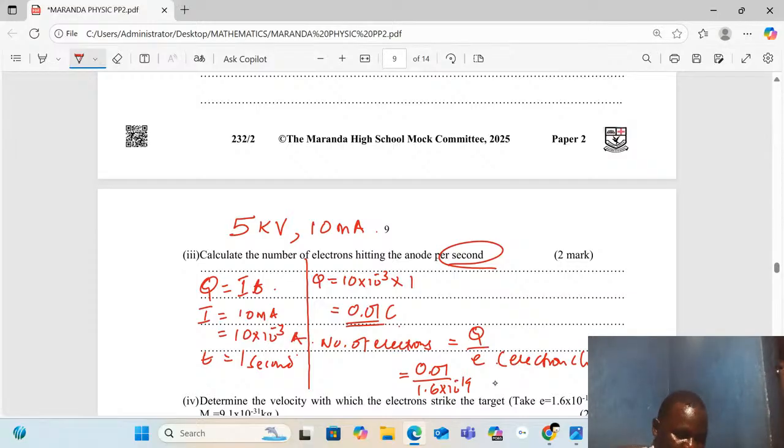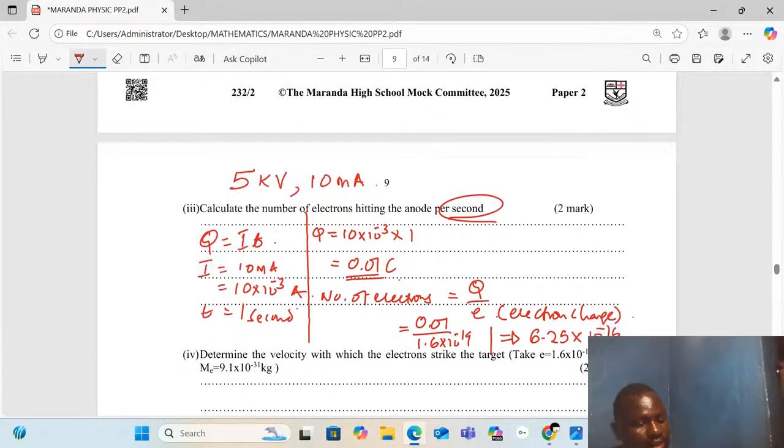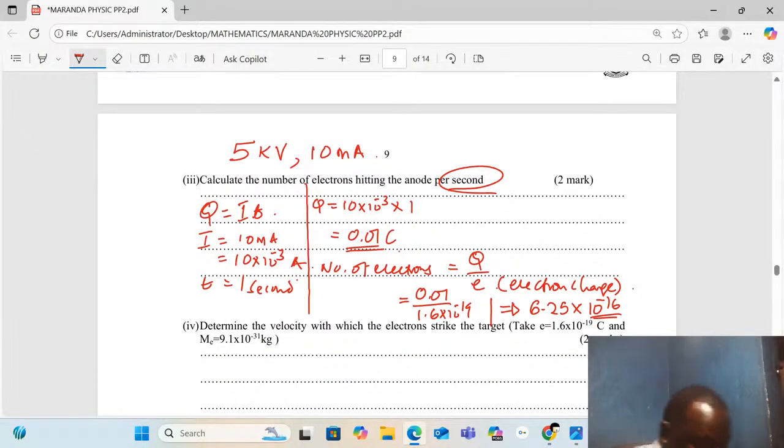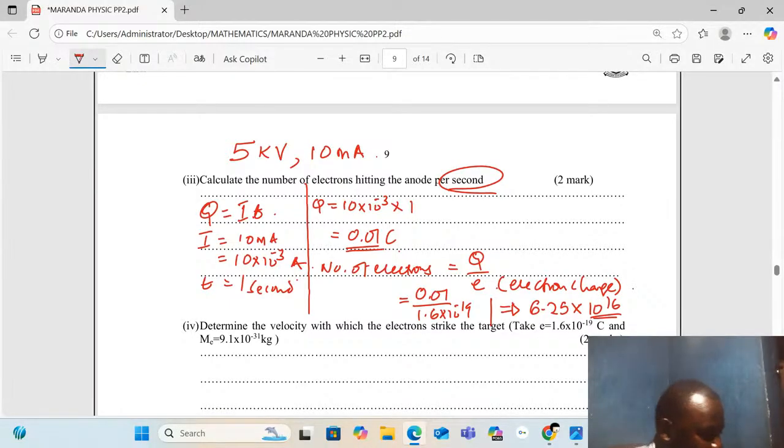This leads us to a number of 6.25 times 10 raised to power 16. The number of electrons is supposed to be a positive number, sorry.